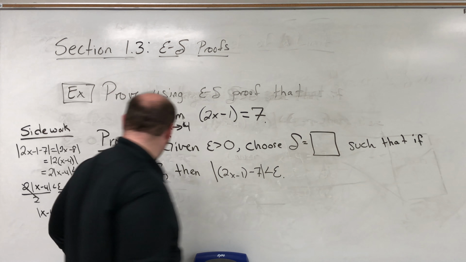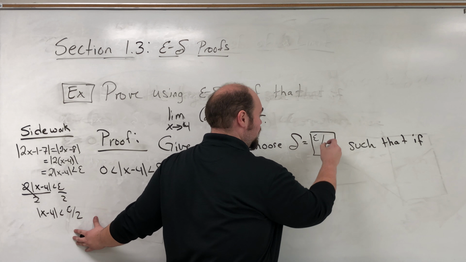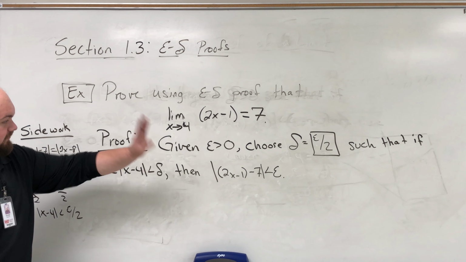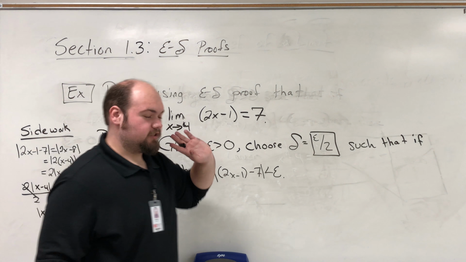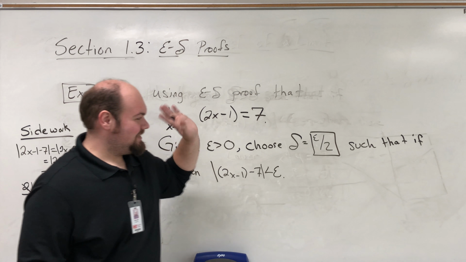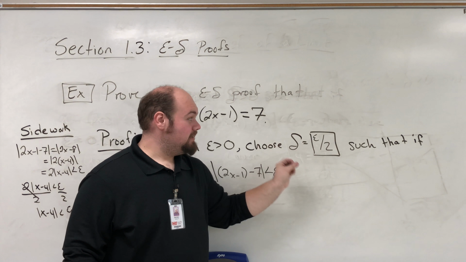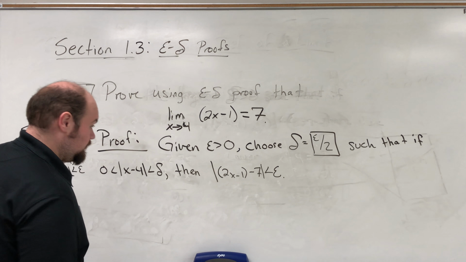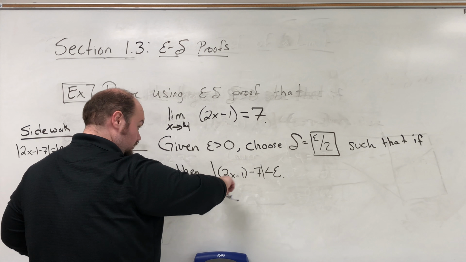So what goes in my box is that epsilon over 2. So given an epsilon, I just need to say, well, take half of it. That'll be my delta. If that's true, then we get this to also work.